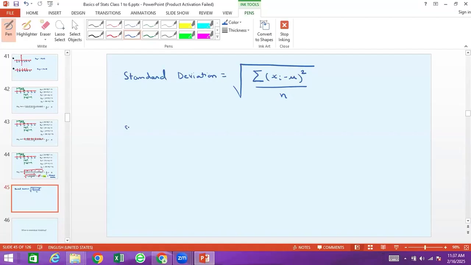You should say the standard deviation is a measure of distribution of data around the mean.